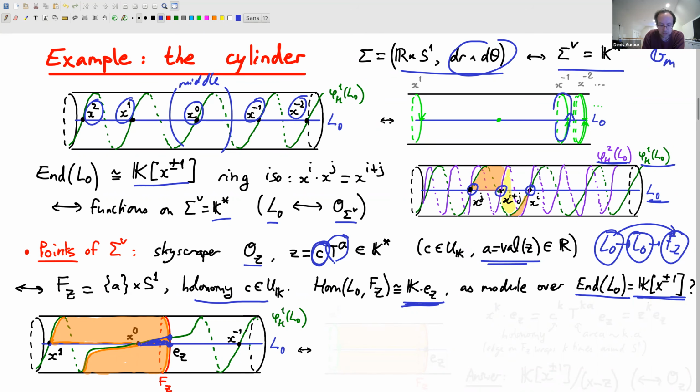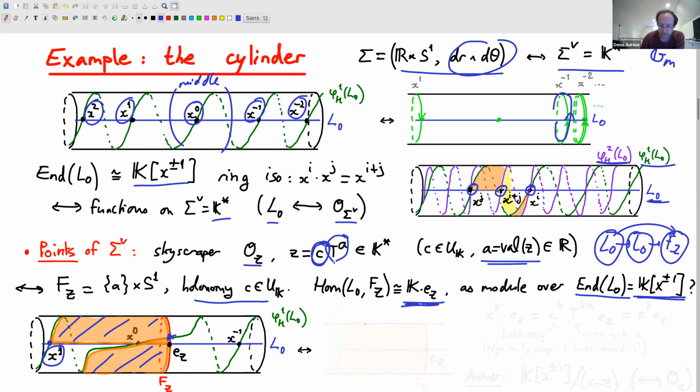What's more interesting is what happens if I let, say, x to the 1 act. So now I look again at this. Well, there's again a triangle, this bigger orange triangle. And it still maps e_z to that guy here, but now there's a large amount of area and holonomy involved. Okay.